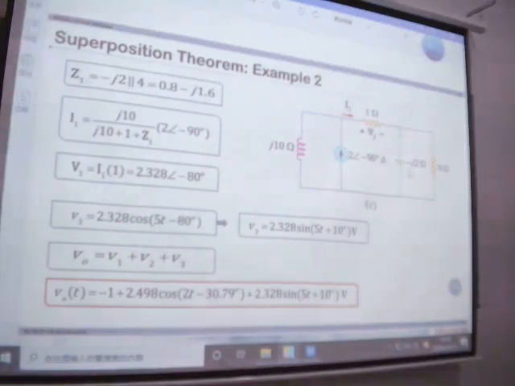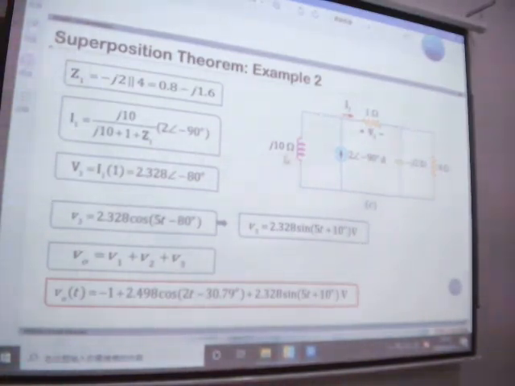Okay, then 1, 2, 3, those two are in series. In series means simply plus. V1 plus this one. I1 is in parallel, in series with this one, so it should be 1 plus V1. Okay, and here, suppose this one is 10j.